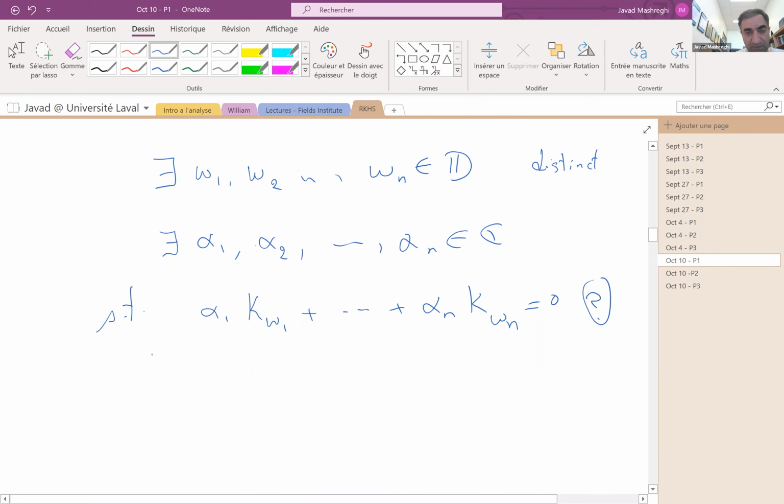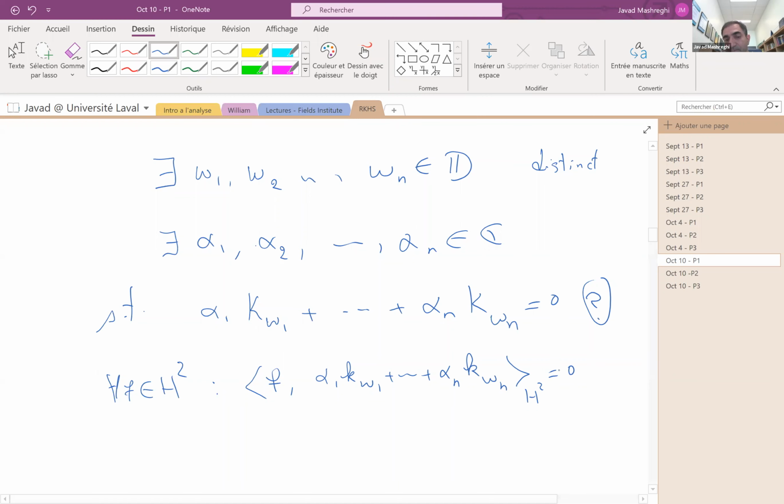The second method: if this is the case, then for every f in H2, we should have f inner product with alpha 1 KW1 plus up to alpha n KWN in H2 equal to 0, because the second component is identically equal to 0.